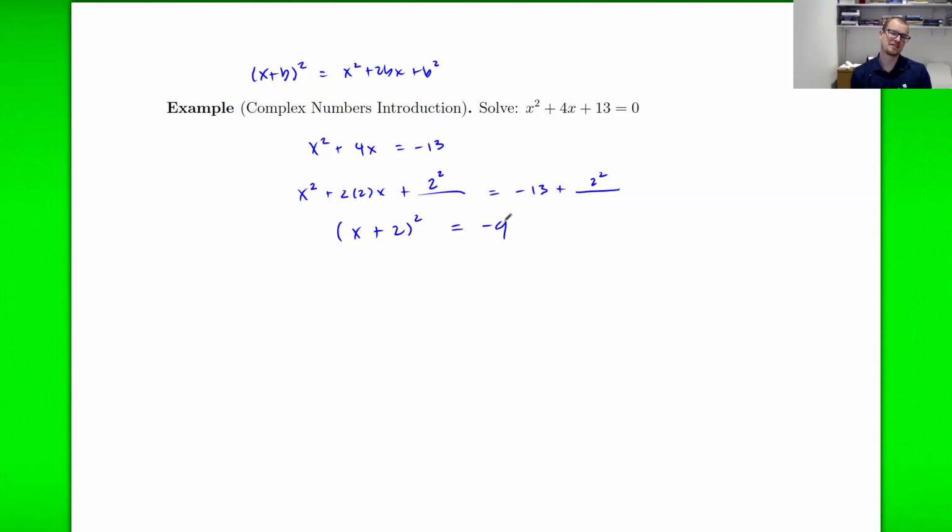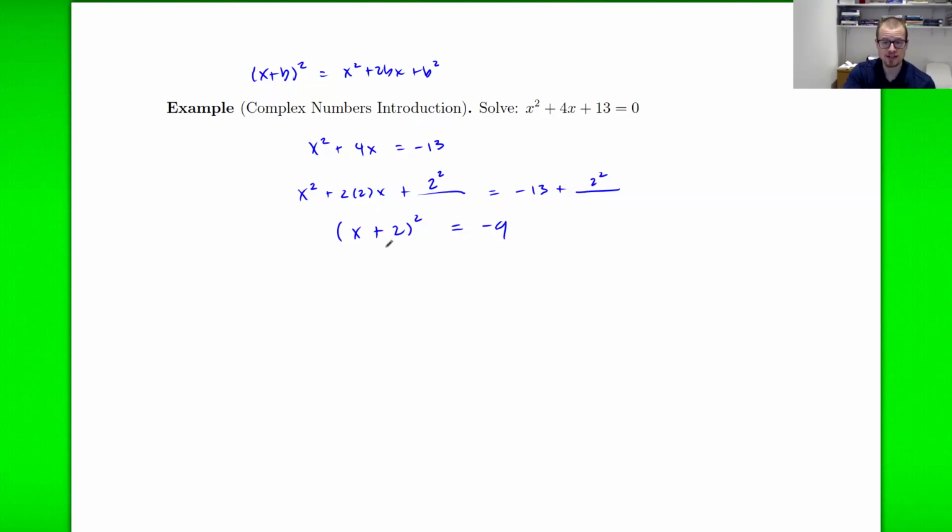And this is where we have to have the introduction of what we call the imaginary unit i. So I'm going to go ahead and manipulate this and introduce the imaginary unit i as we work through it.